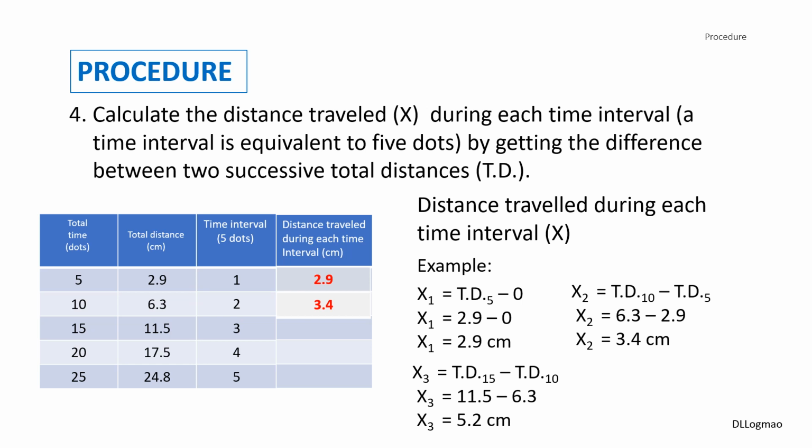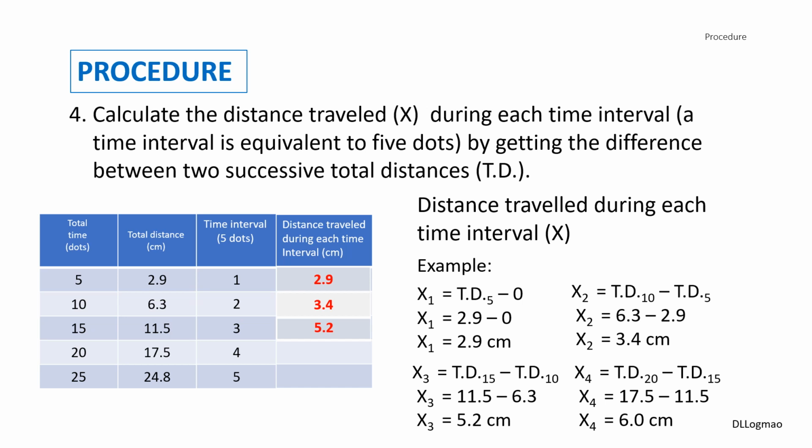Distance traveled x sub 3 is equal to total distance sub 15 minus total distance sub 10. When computed, the distance traveled during the third time interval is 5.2 centimeters. Record in the table. Distance traveled x sub 4 is equal to total distance sub 20 minus total distance sub 15.